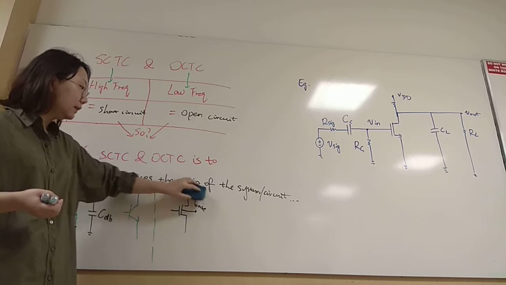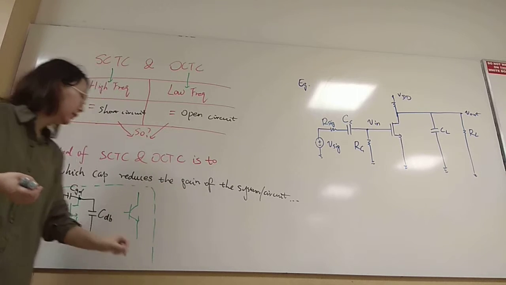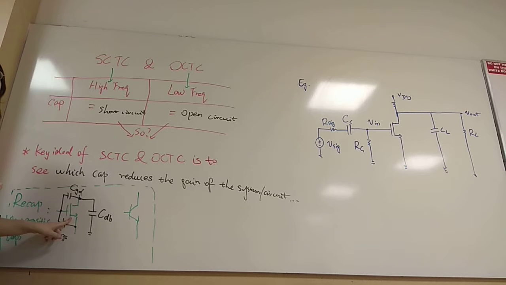Okay? Because this one is NMOS, your base is tied to the ground. But if this one is a PMOS, this base is tied to VDD. But this VDD is a DC, right? When we talk about power supply, VDD is a DC.